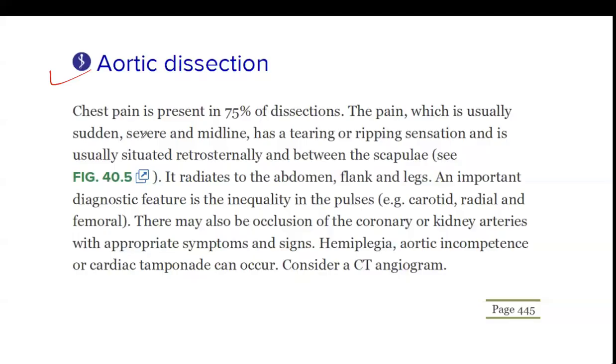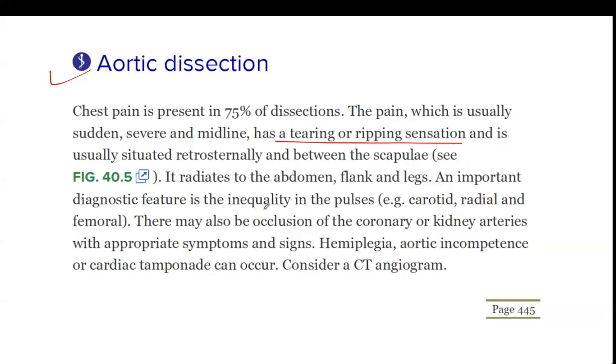Aortic dissection comes with, as we know, sudden onset severe retrosternal chest pain. And the pain is usually very severe. It has this tearing, ripping sensation, and it can go to the back.